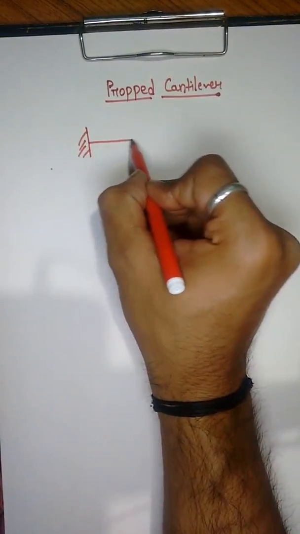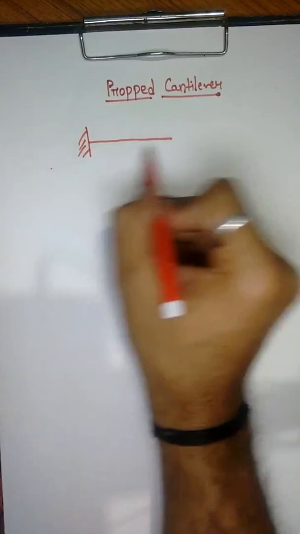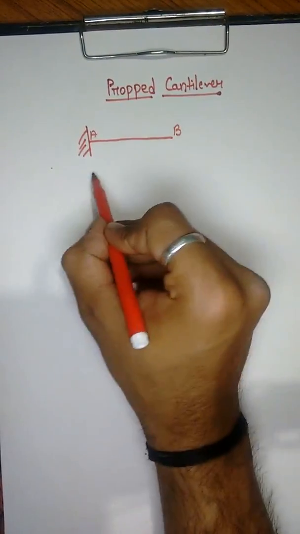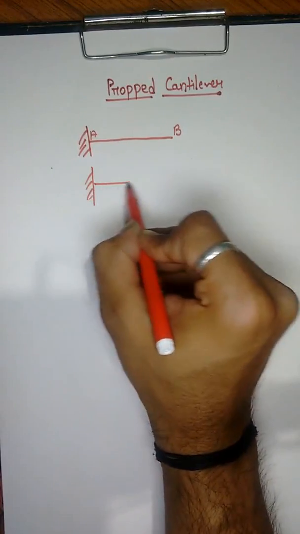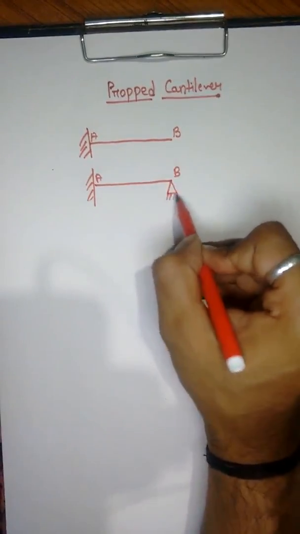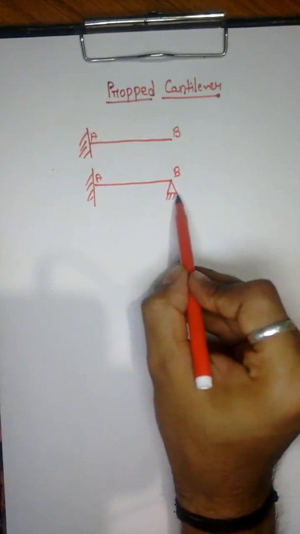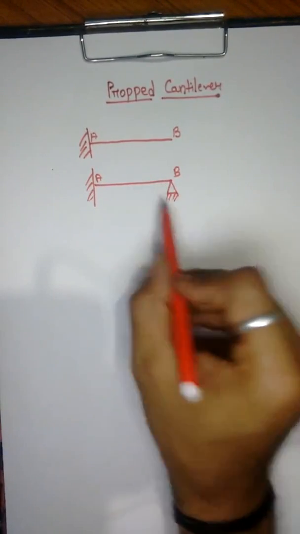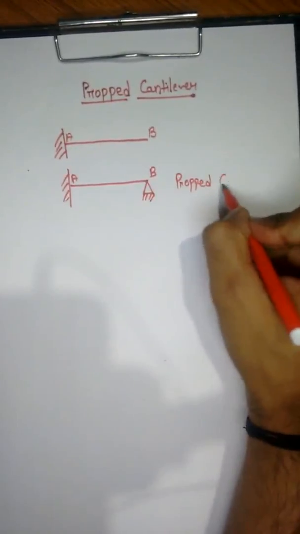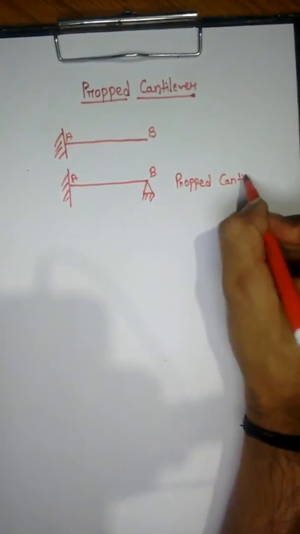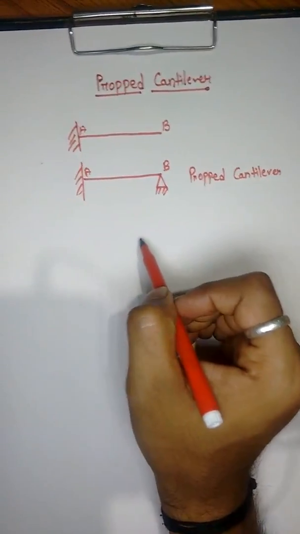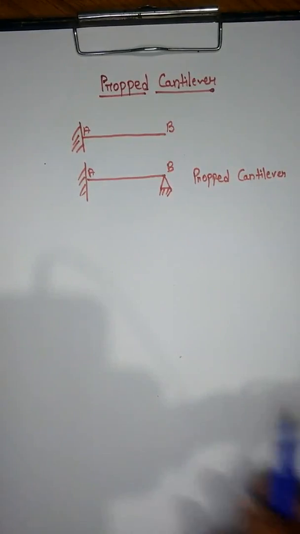Say this is a cantilever beam, simply a cantilever beam AB, and the same cantilever beam AB, when supported at its free end by a simple support, is a propped cantilever.